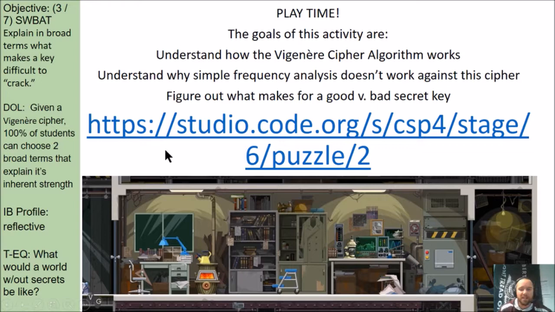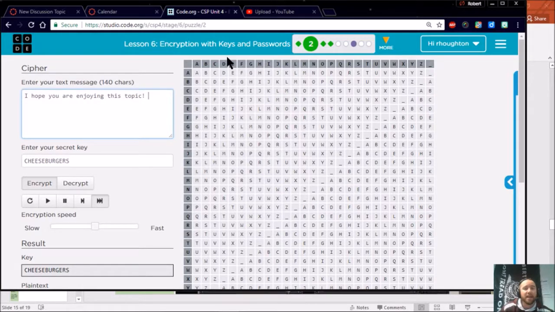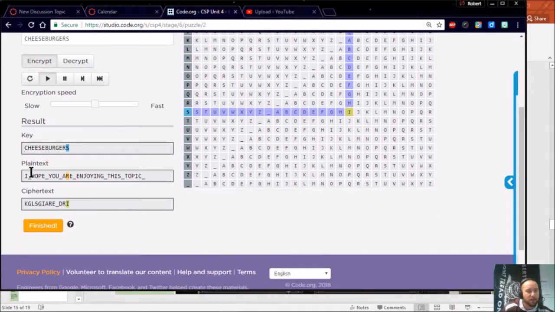For those who are actually in the class, I've pasted this on Canvas. Here we are at the actual link, and it says, enter your text message. I typed this, then enter a secret key, so I just came up with something random. Then to encrypt, I could push play, and I could watch how that Vigenère cipher begins to encrypt. Scroll down a little. Here's the plain text, here's the ciphertext that it's generating.